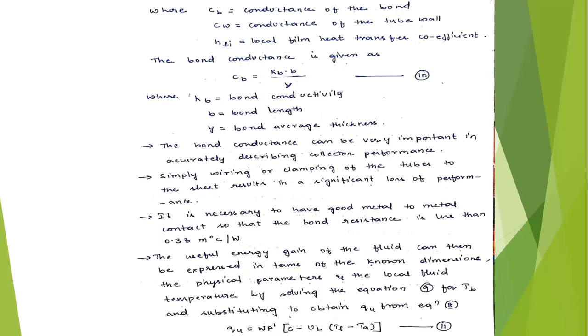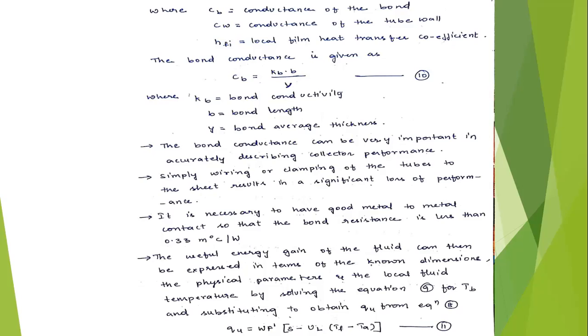So we have to use some bond material, which should have good metal to metal contact so that the bond resistance is less than 0.33 milli degrees Celsius per watt.